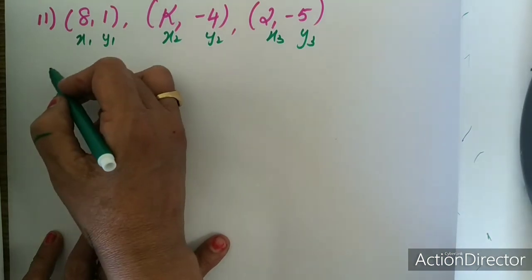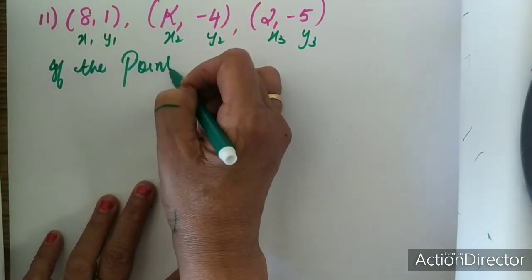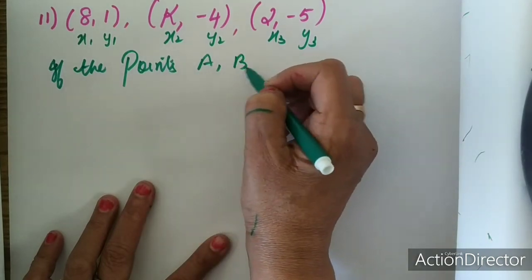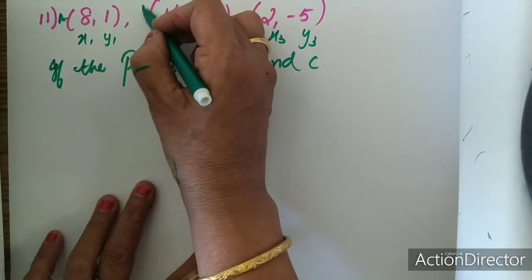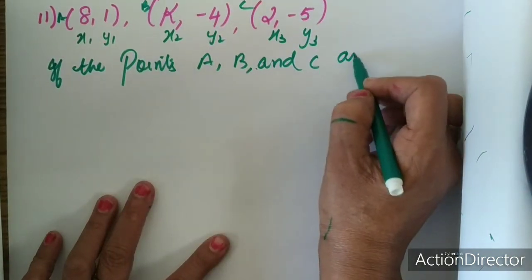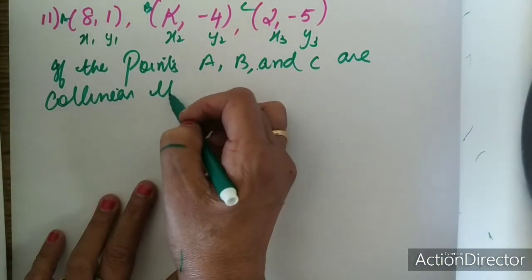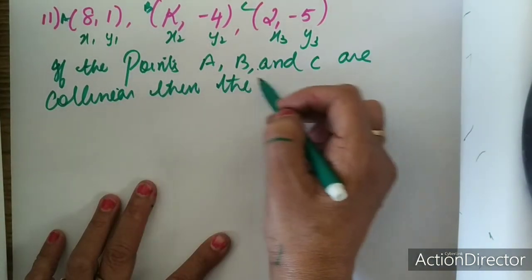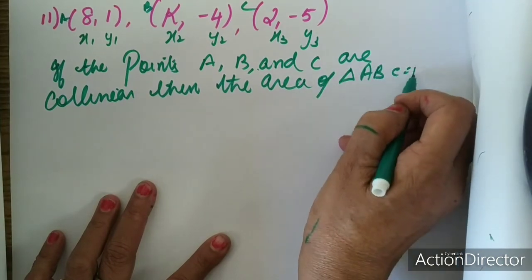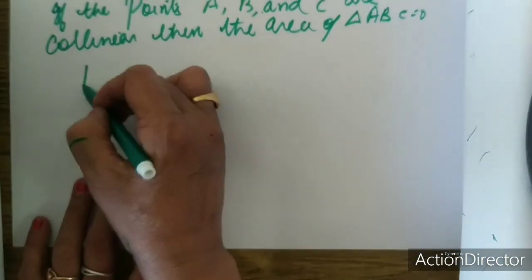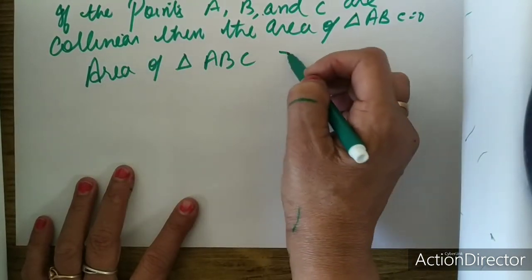So let us write, if the points A, B, C, so you can name this as A, B and C, are collinear, then the area of triangle ABC is equal to 0. So write it over here, area of triangle ABC is equal to 0.